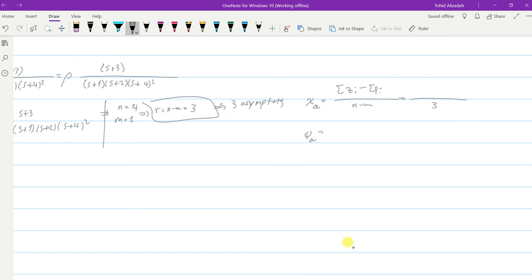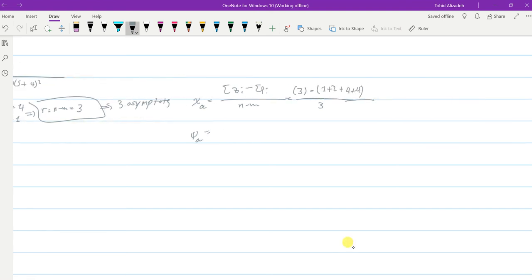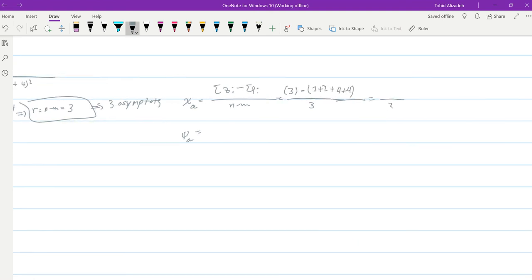For the sum of zi's, we have 1 zero, which is minus 3, minus, for the poles, 1 plus 2 plus 4 plus 4. We have 2 poles at minus 4. And this will give us minus 8. So minus 8 over 3 will be the point of abscissa, xa.